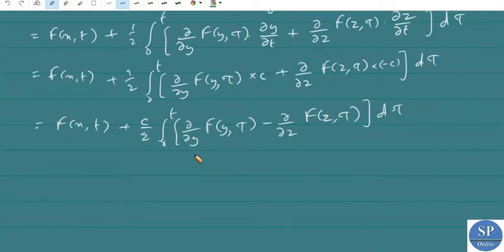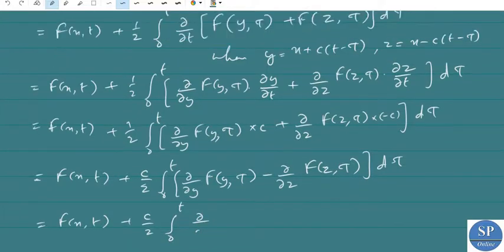Okay, so this can be written as, actually this is equal to f of x comma t plus c by 2 into integral 0 to t. It can be written as dou by dou x of f of y, where we are using y and z as new functions to represent x plus c comma c into t minus tau and x minus c comma c into t minus tau. Okay, that is for convenience.